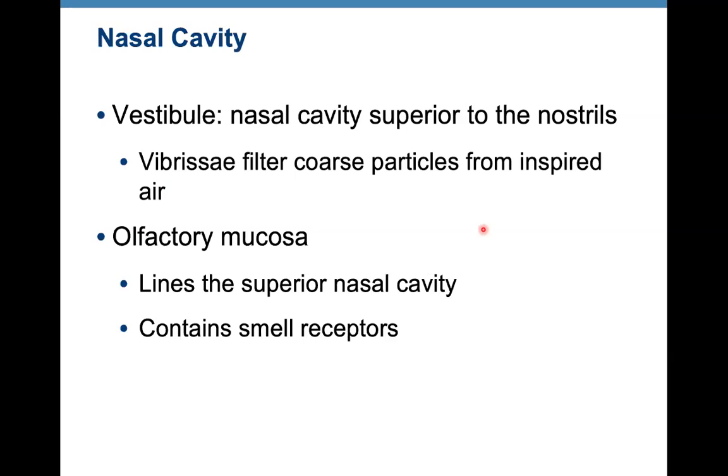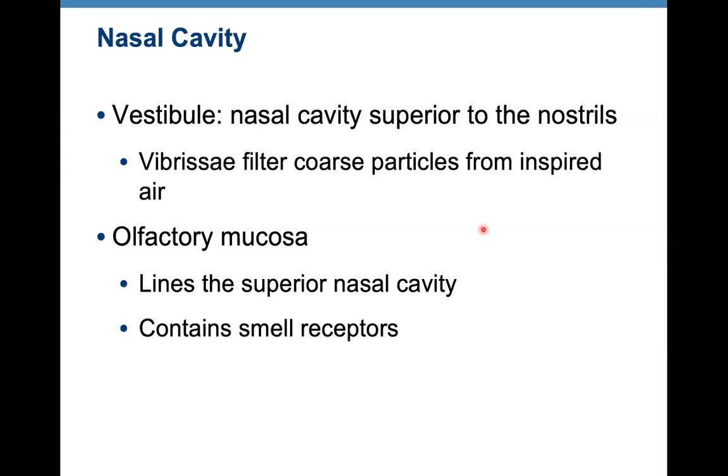The vestibule of the nasal cavity is going to essentially allow for the filtration of coarse particles that are coming in from the inspired air. The olfactory mucosa will line the superior nasal cavity, and it will also contain smell receptors.